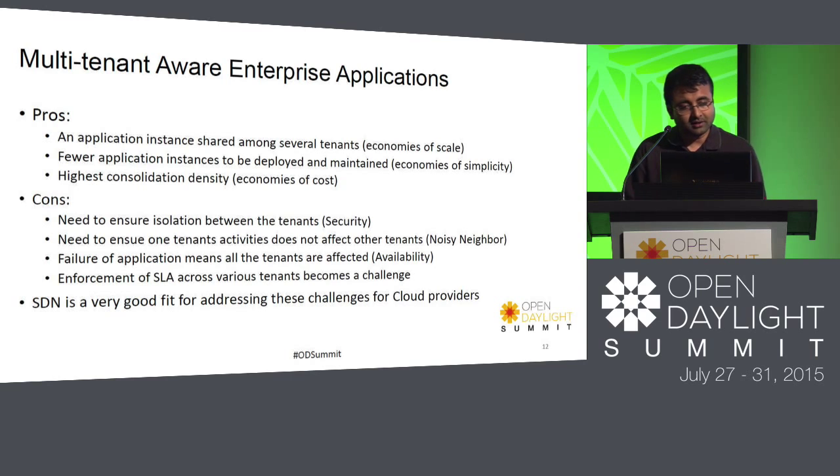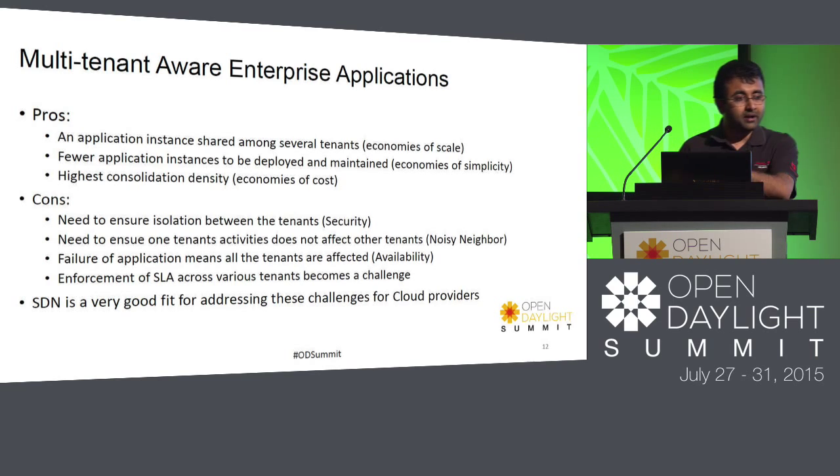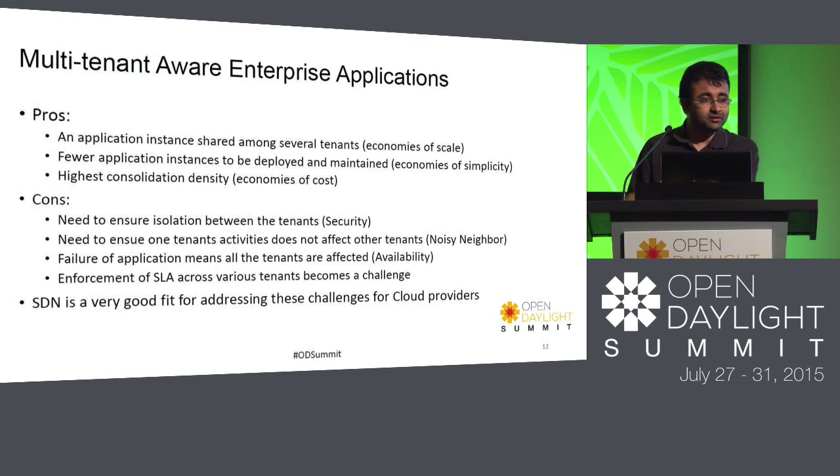But the disadvantages are that now the application has to do the isolation between the tenants, right? It can no longer depend on the network to do the isolation. In addition to the network isolation, it has to do the isolation in the application itself.